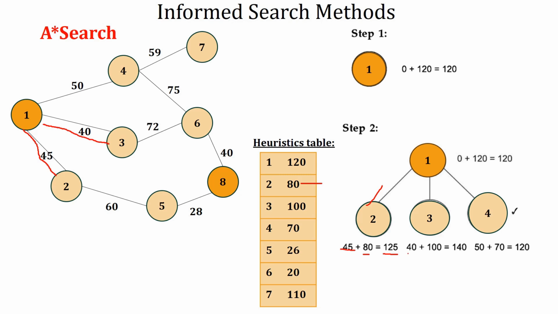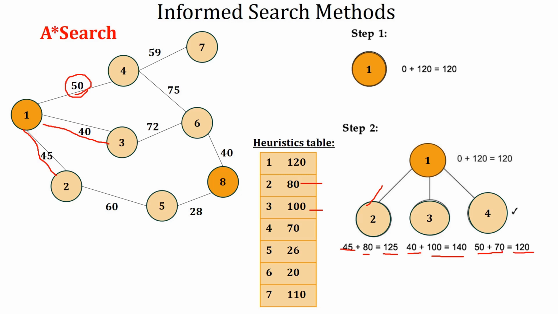So, 40 plus the heuristic value of node 3, which is 100, is 140. Likewise, for node 4, from the source node to node 4 is 50 and the heuristic value is 70. So, 50 plus 70 is 120.